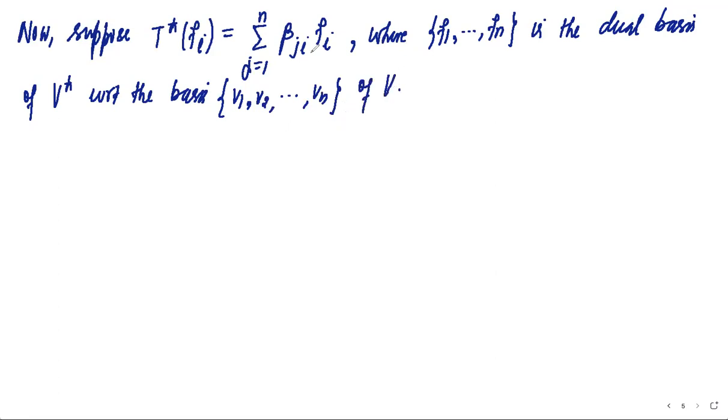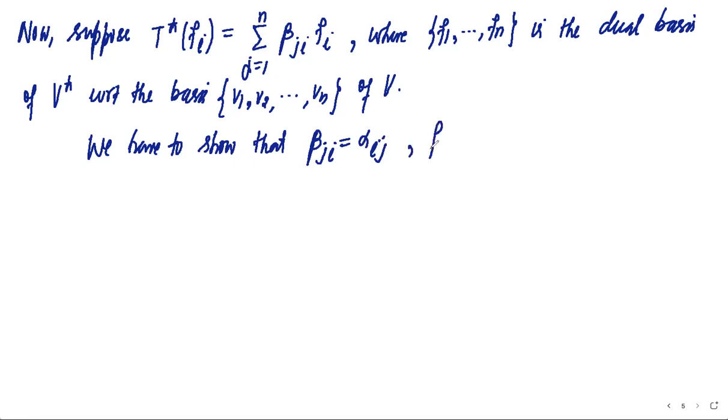So then what we have to show, we just have to show that beta ji is equal to alpha ij for all i and j, for all 1 less than or equal to i and j less than or equal to n.